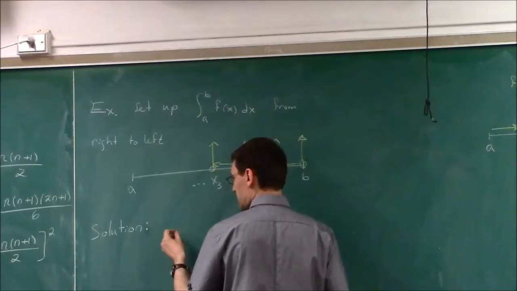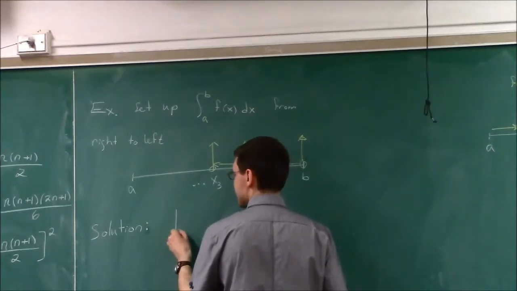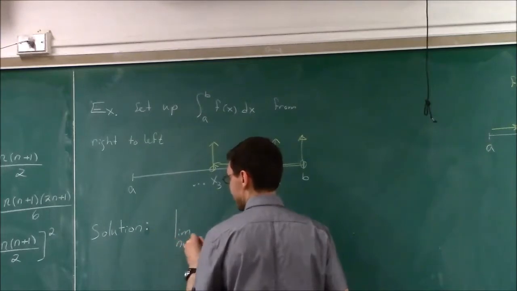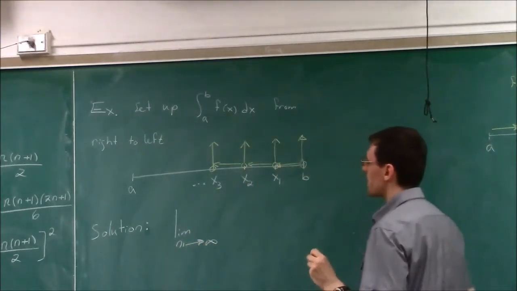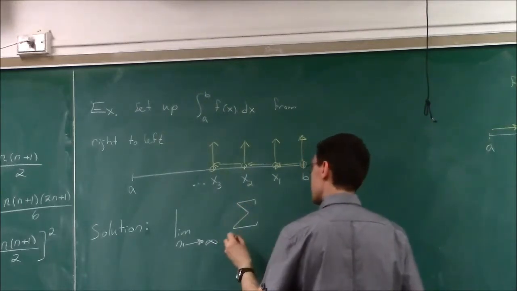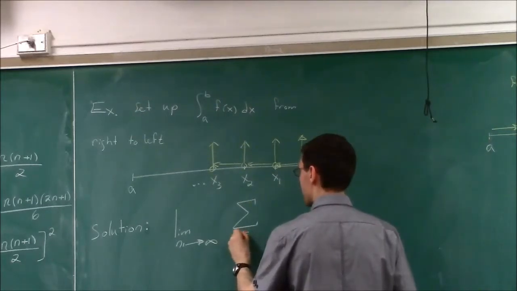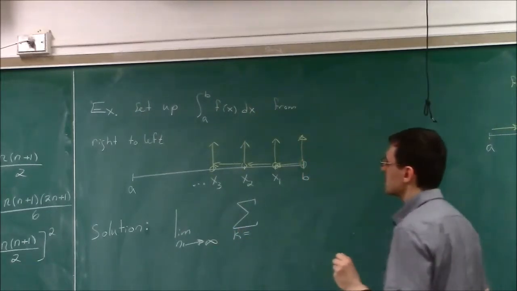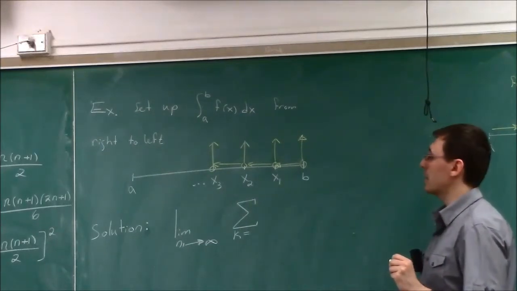So let's see what we have. So what we do is we write limit as n goes to infinity, summation, where do I start k from and where do I end k?